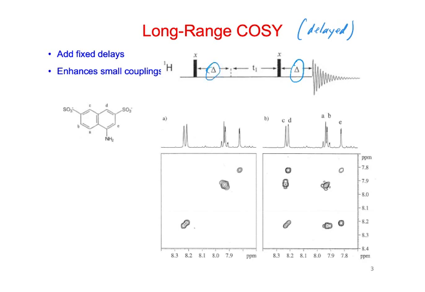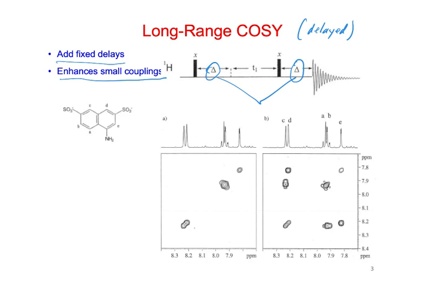It's here and here, before the evolution, so we add these fixed delays. I don't think those increment or anything, but what this does is it enhances the small couplings, so the small J values.